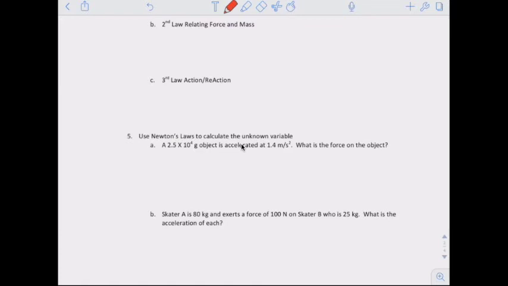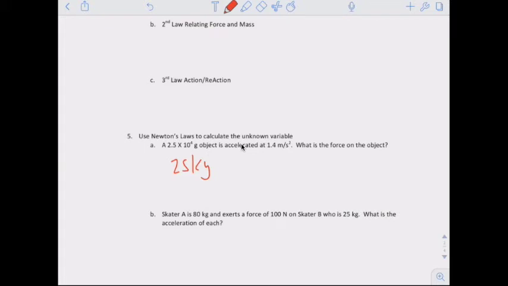In the next one, it says use Newton's law to calculate the unknown variable. So when we're looking at this, we have a 2.5 times 10 to the fourth gram object. And remember, we deal with kilograms, so we'll go ahead and divide that by 1,000 and we will get 25 kilograms. The object accelerates at 1.4 meters per second squared.